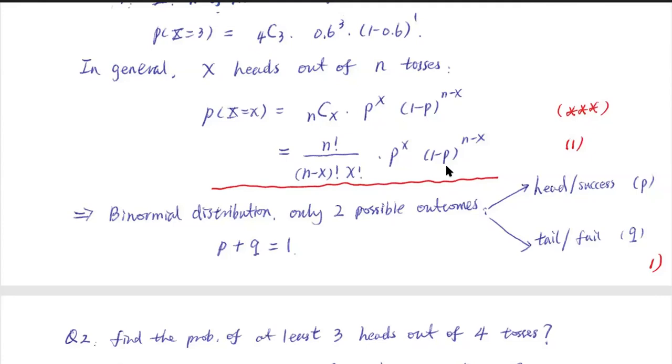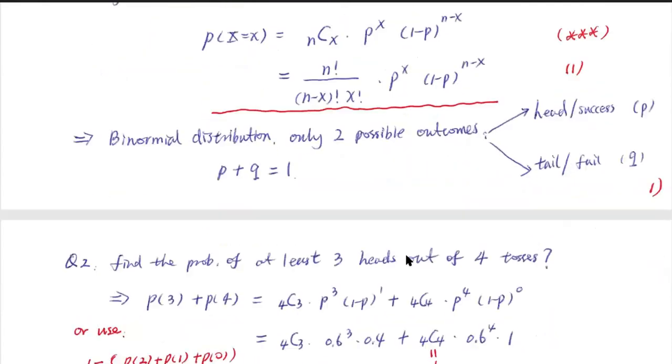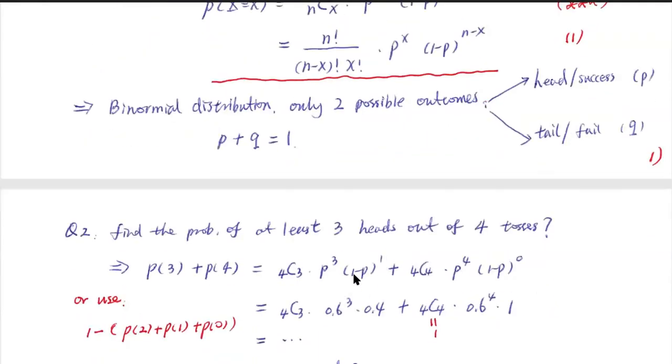It's 0.4, that's right. So you always have this relationship here: P to the third power, and then 4 minus 3 is equal to that 1 here. Because we handle the number of heads here, then we handle the number of tails.